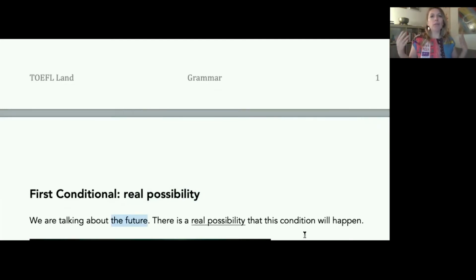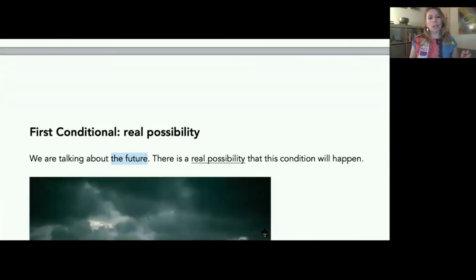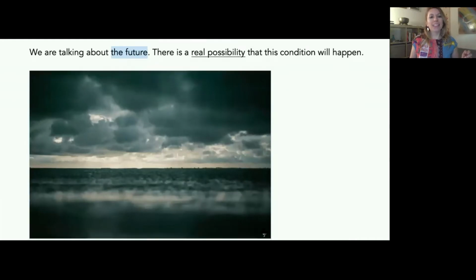It is a very real possibility that I will go there. But it looks as if there are clouds in the sky and it might rain soon. Maybe it will even be a thunderstorm. So this is a situation where there is a real possibility.